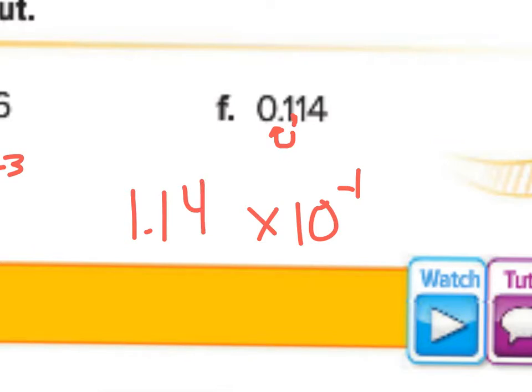Feels like I'm writing it backwards, but I'm able to do it correctly like that because I count the number of places that it's going to move after we find the product of this, right? So I do that so that I'm able to identify what my exponent will be. Then I write it to the base of 10, and I write it as a decimal where I wanted the decimal to be.